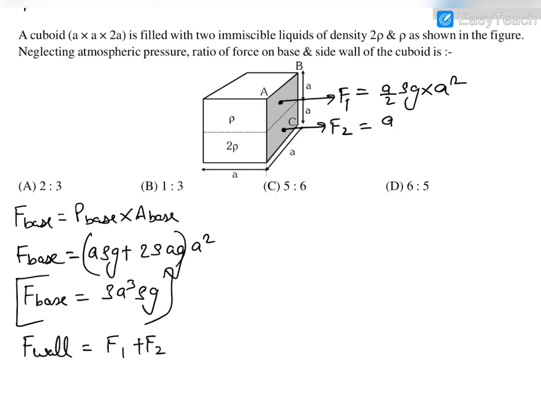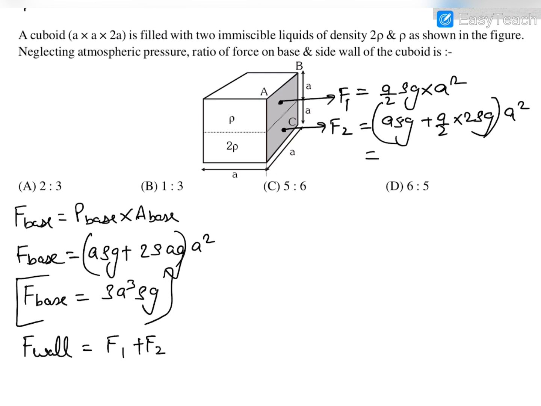Now A rho g will be the total pressure of the upper liquid plus the pressure of A by 2 column of this liquid. So it would be A by 2 into 2 rho into g. This is the total pressure acting at the center of mass of this wall, multiplied by wall area A square.